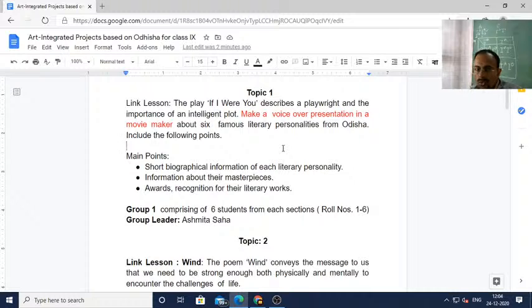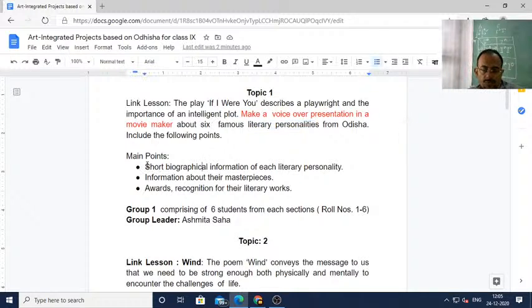They should be literary personalities, means either a poet, a novelist, or a playwright, one who writes plays.